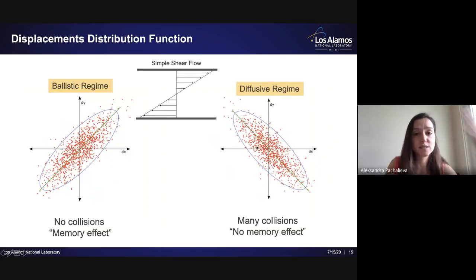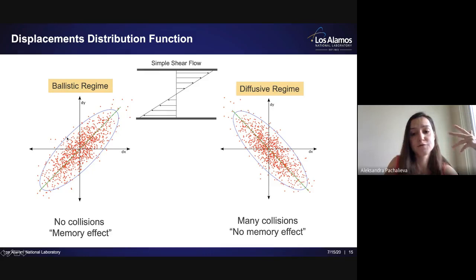And what we think is the reason why we see this is, when you think about a ballistic regime and a sheared flow, in the ballistic regime basically we don't have any collisions, and the particles follow the direction of the flow. So we'll have this kind of displacement of the distribution function.